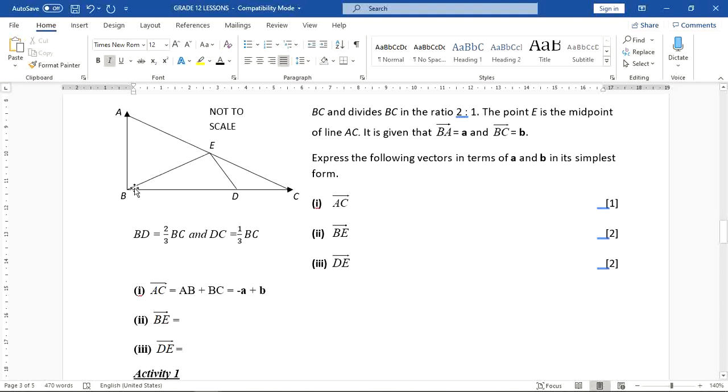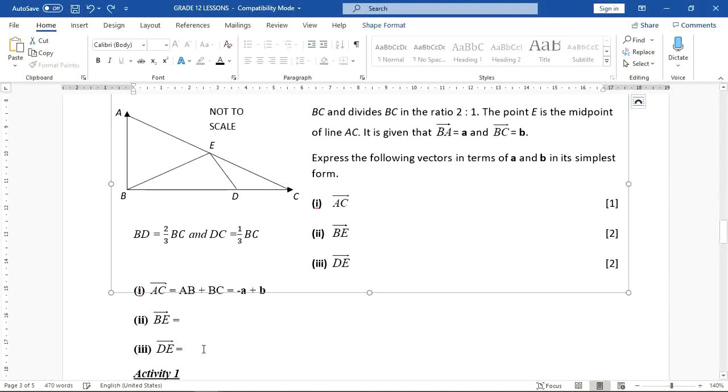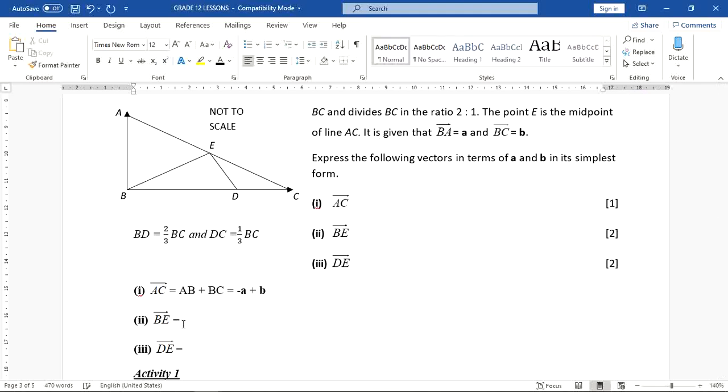We can take BA and then take AE. So for BE, we will take BA, capital B, A, then we add AE.